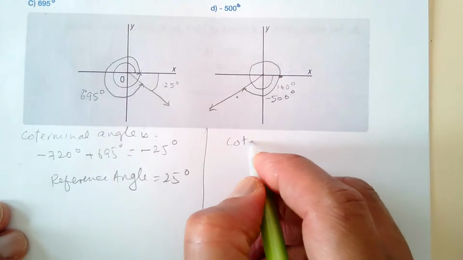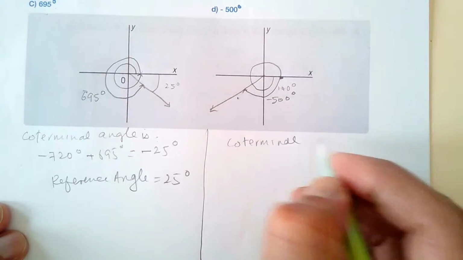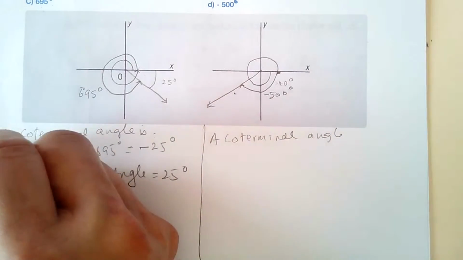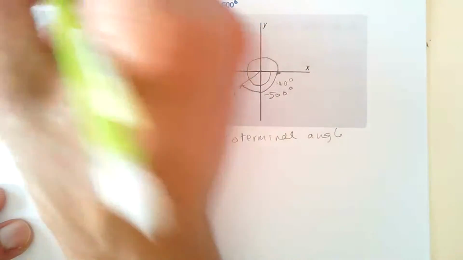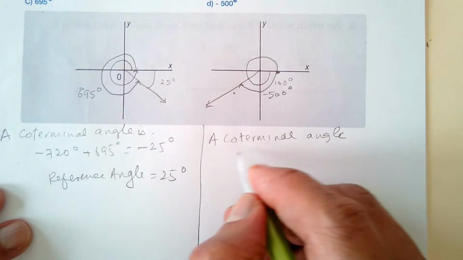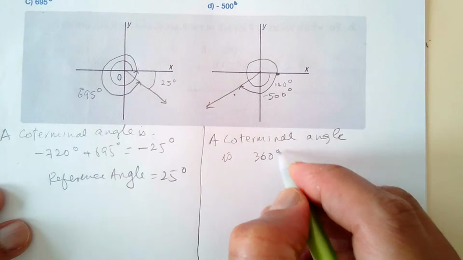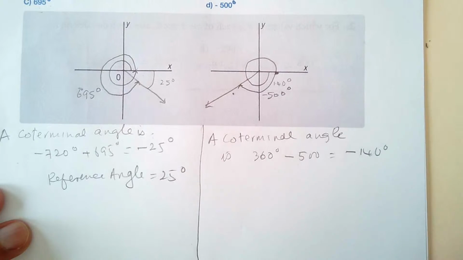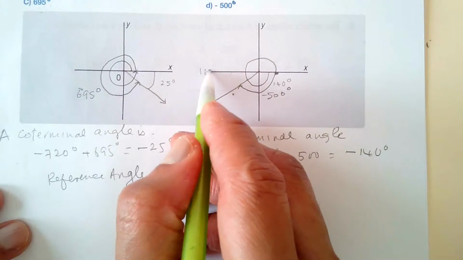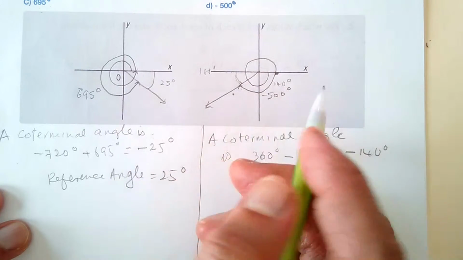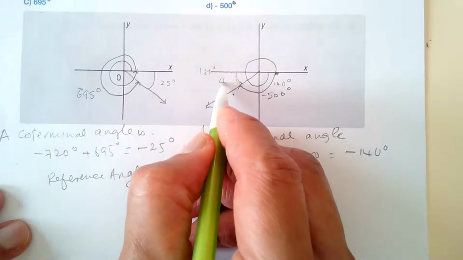So for the coterminal angle, there are many coterminal angles. A coterminal angle is 360 degrees minus 500, which gives me negative 140 degrees. That's why it's 140 degrees. Now this will make it from 180 to 140, which is 40 degrees as a reference angle.